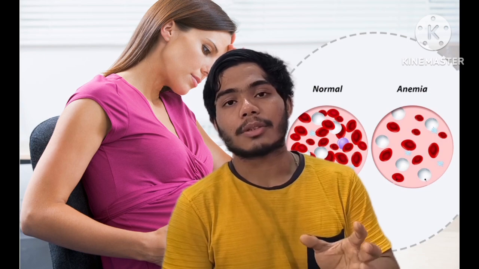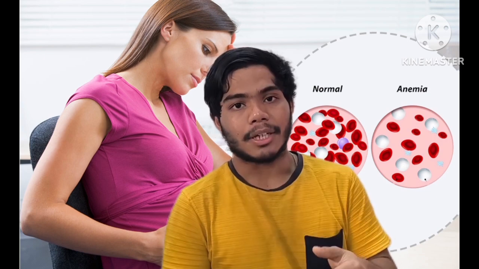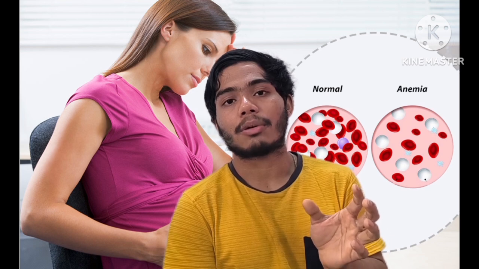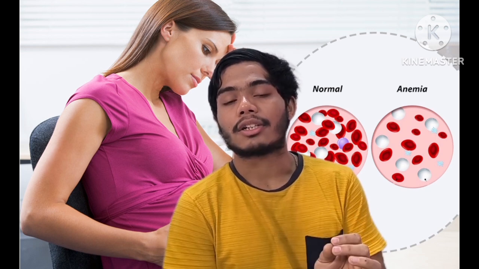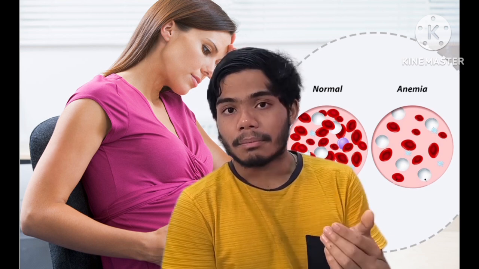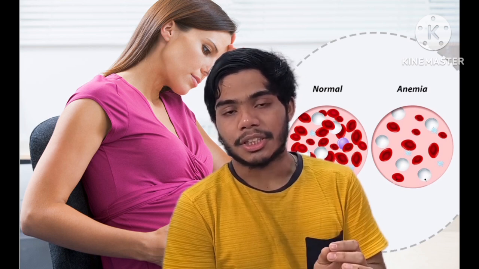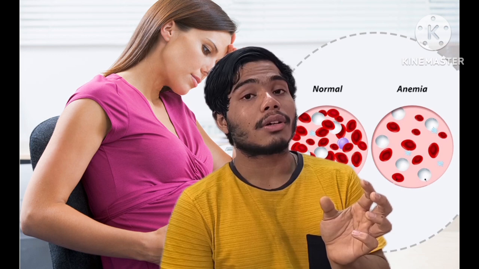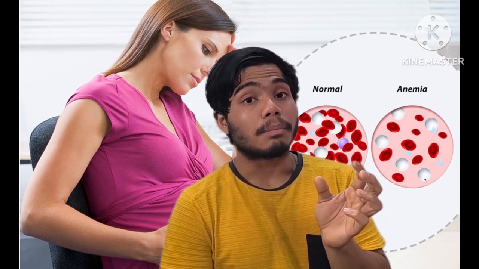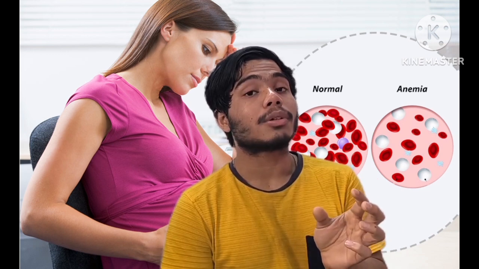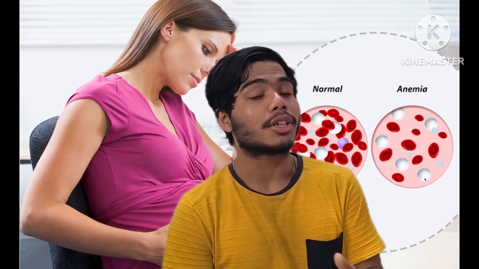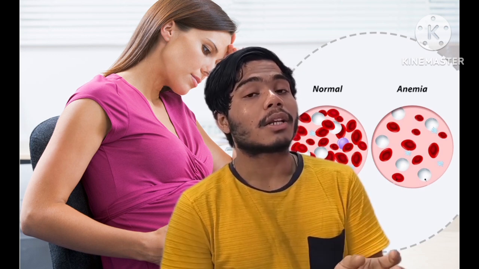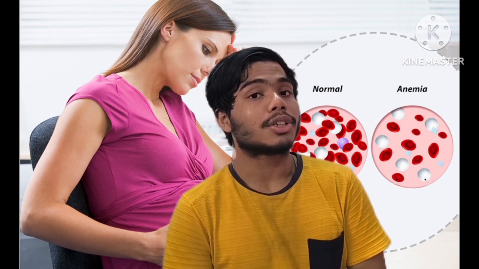Now I am going to explain what is physiological anemia during pregnancy. Friends, as you already know, during pregnancy the level of blood volume increases, and also the level of blood cells, especially RBC, increases. And you also know that the increase of blood volume is more than the increase of RBC. So the increase of RBC does not match the increase of blood volume.